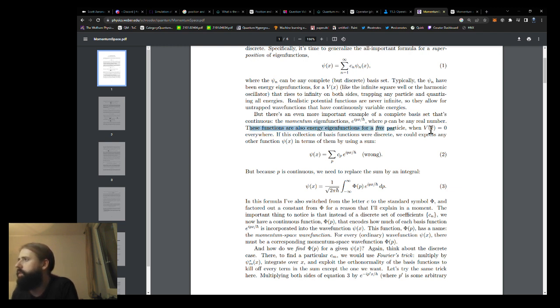If this collection of basis functions were discrete, we could express any other function in terms of them by using a sum. Why? Because it's like saying there are multiple ways you can express it.